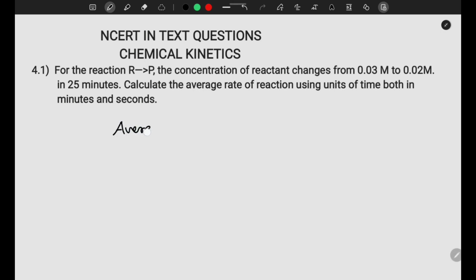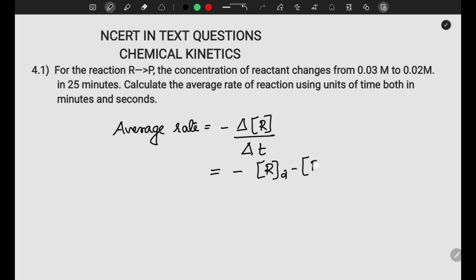Average rate is equal to minus delta R by delta T. That is final concentration minus initial concentration, R2 minus R1, divided by delta T. Now let us substitute the values.